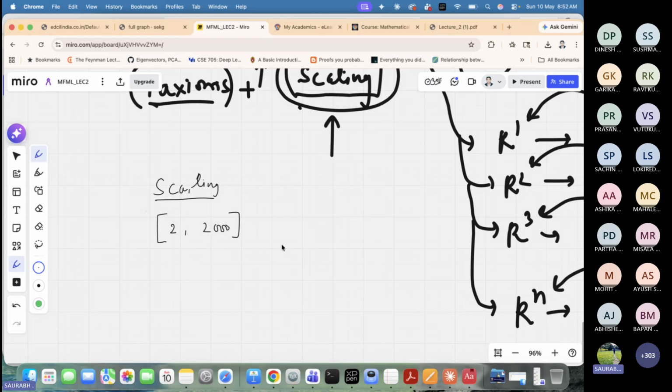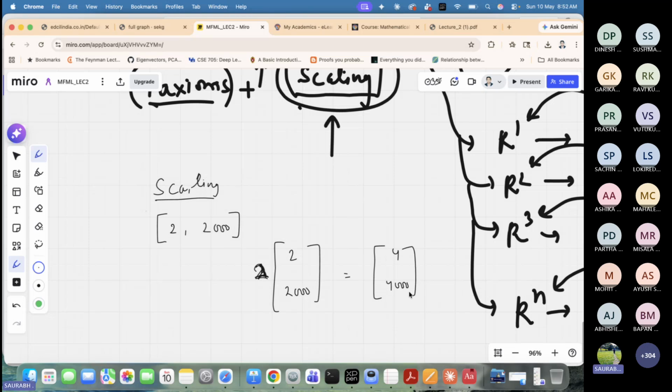Or we can write it like this as well: 2 crores, 2000 square feet. Now, if we scale this vector, we multiply it with a scaling number. This number can be any real number. Now think of lambda equal to 2. When we take lambda equal to 2, the output becomes 4 and 4000.